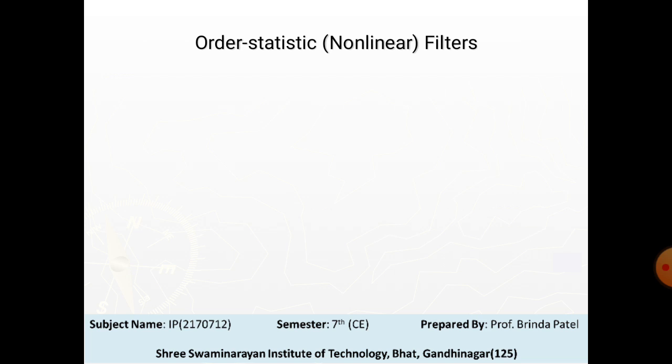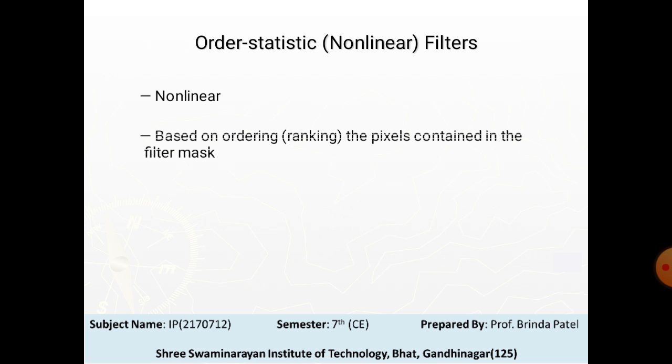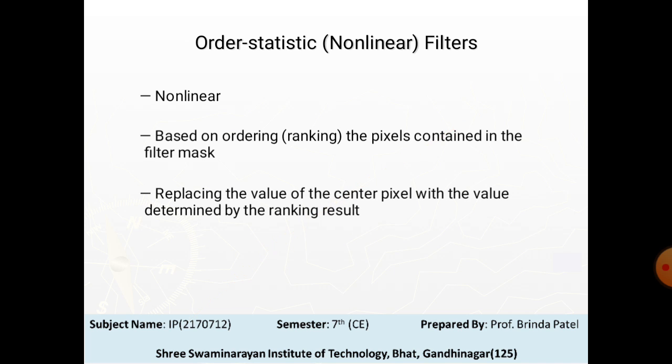So, order statistic nonlinear filters. The order statistics filters are nonlinear spatial filters whose response is based on ordering, meaning ranking, the pixels contained in the image area encompassed by the filter, and replacing the value of the center pixel with the value determined by the ranking result.